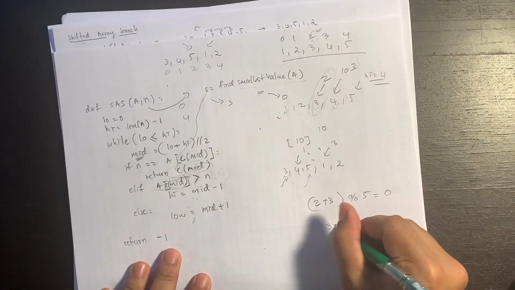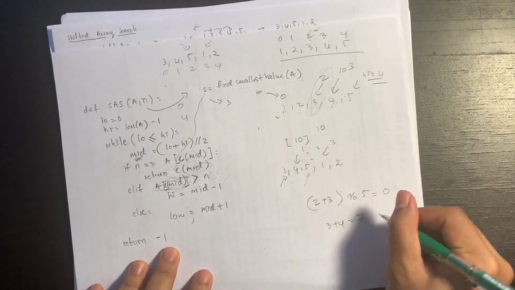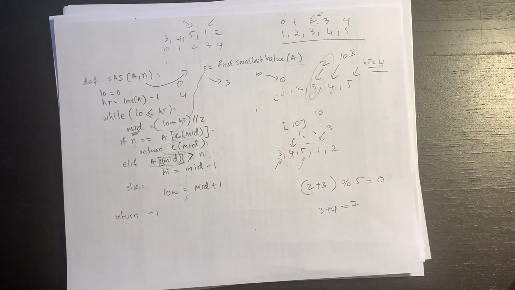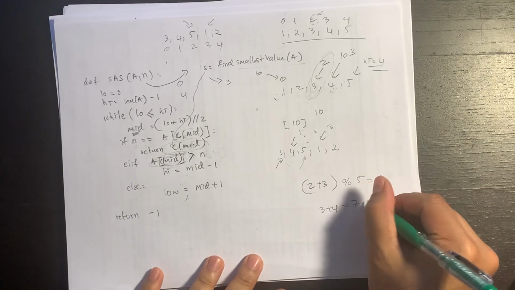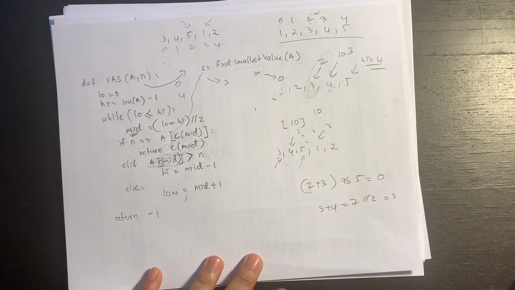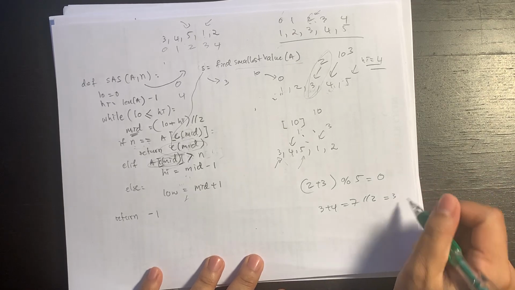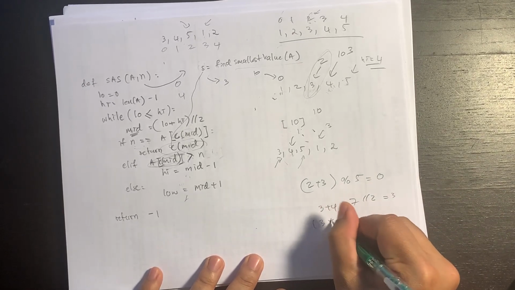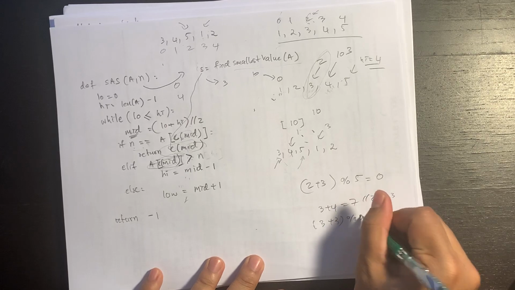So we have 3 plus 4 equal to 7, divided by 2, we got 3.5, which is 3. And then this 3 we need to convert using the convert function, and we got 1.